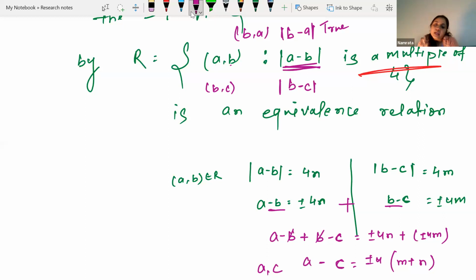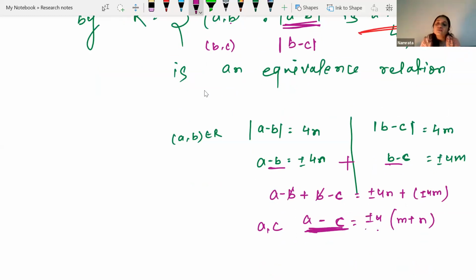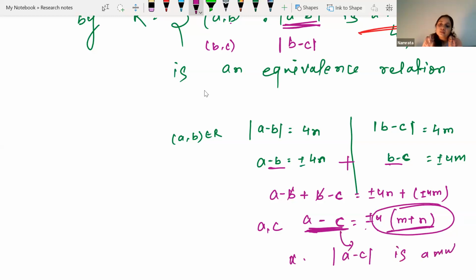Can we say yes, it is transitive, because a minus c is equal to plus minus 4 times n plus m. It is a multiple of 4, as we can see. A comma c is fulfilling the criteria. So mod of a minus c is a multiple of 4, and hence it is transitive. Is it clear?